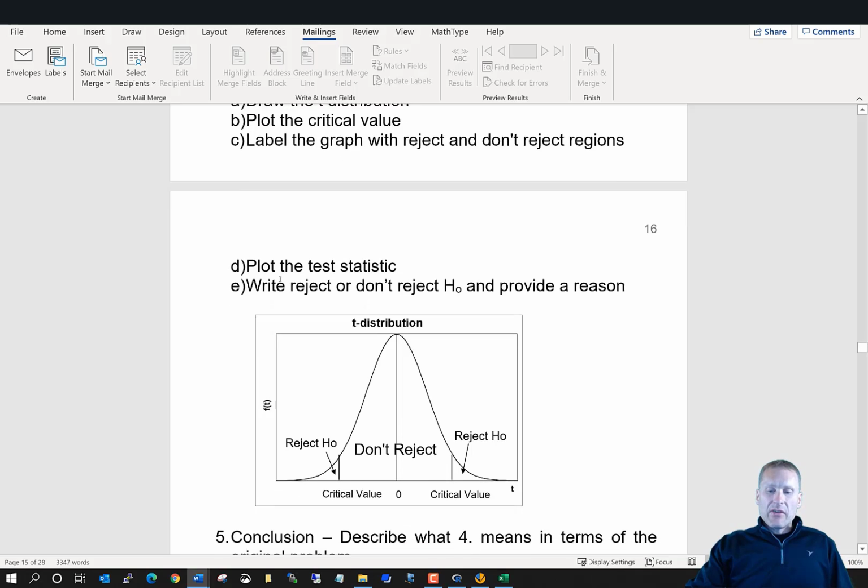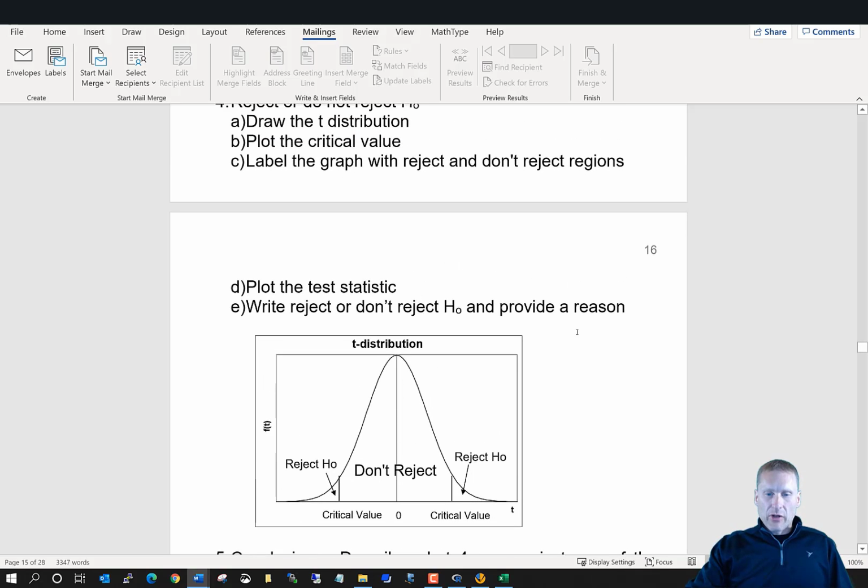So, here's my t distribution. I draw the distribution. I plot where the critical values fall. Label the graph with reject or don't reject regions. Plot where the test statistic falls. Well, maybe it might fall, let's say, right there, whatever the numerical value is. And then write reject, don't reject, and provide a reason.